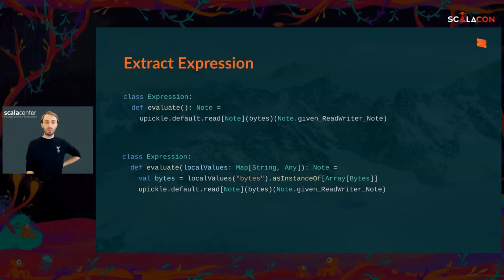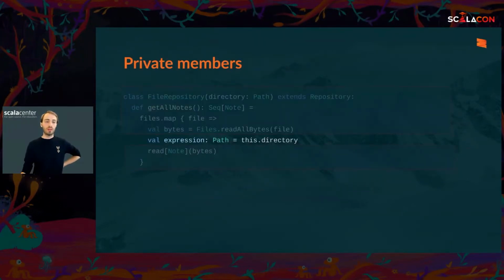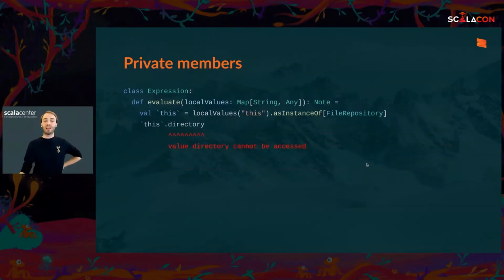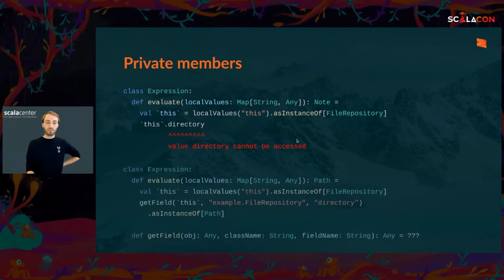Another example is this one. Now we want to evaluate just directory, which is a field in the current class here. And here we have another kind of problem, which is that directory cannot be accessed from another class, here expression. So to solve this, we use some helper method that uses Java reflection.